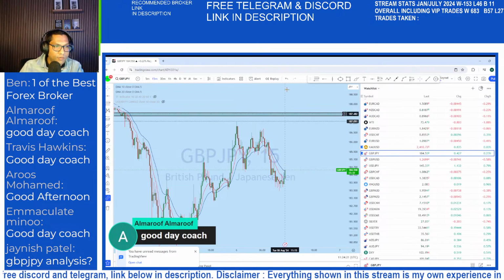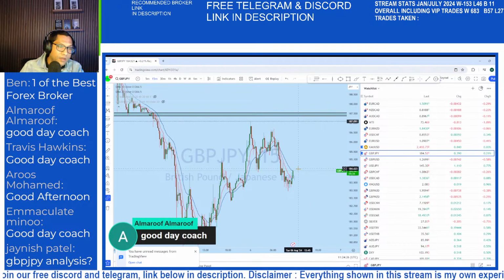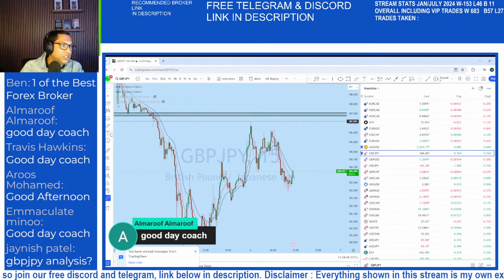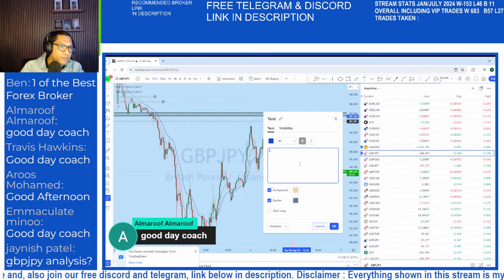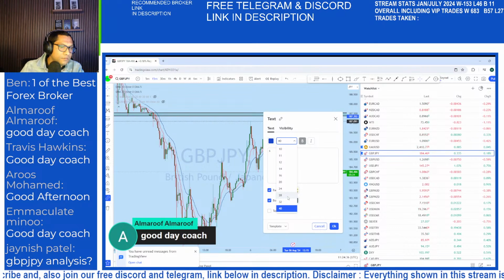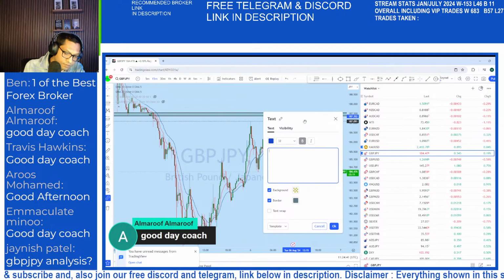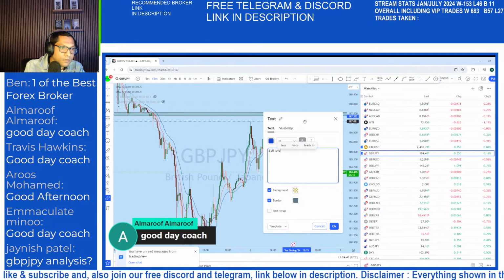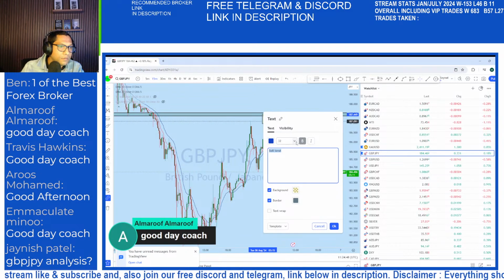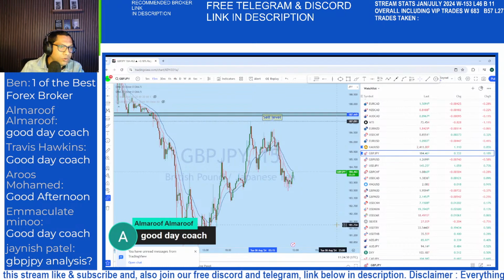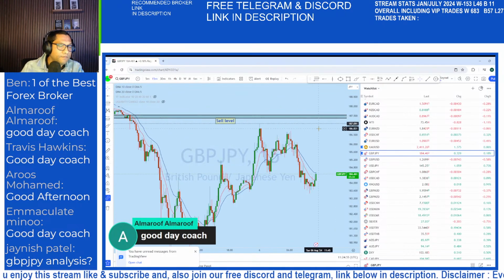I know it's a little bit of an ambitious move that I'm expecting, but if it goes there, that is a potential sell opportunity, a potential sell level. So this is what I will be waiting for on GBPJPY for potential selling.